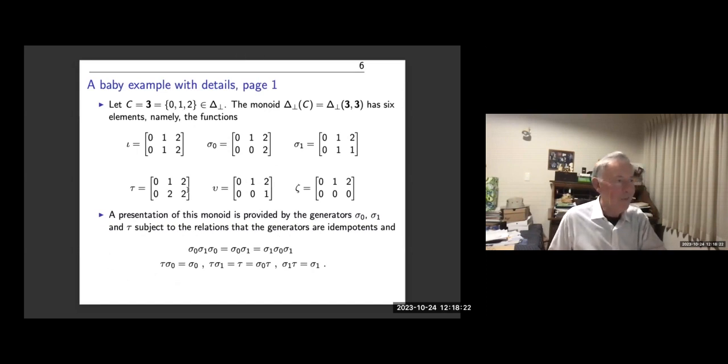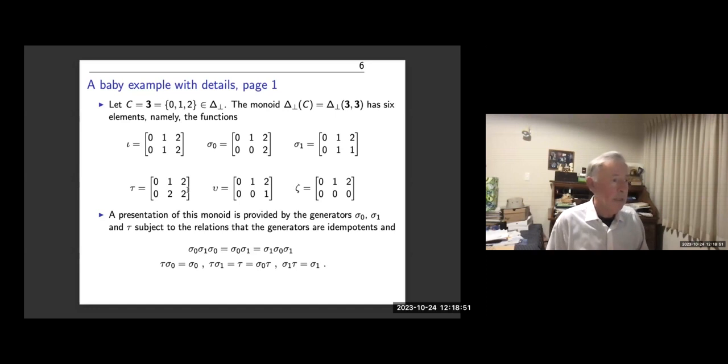So what I thought I'd do is a kind of baby example to indicate a lot of things that I want to talk about here. In that category, just pick on one ordinal, namely 3, and take the endomorphisms of 3. So we're looking at order preserving maps from 3 to 3, which preserve the first element. And here there's only these 6 elements in the monoid.